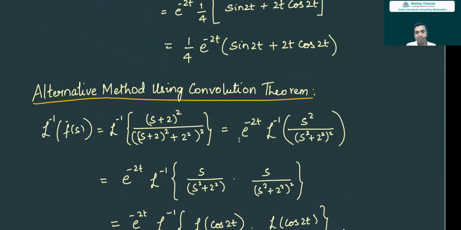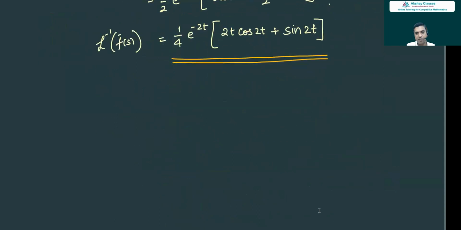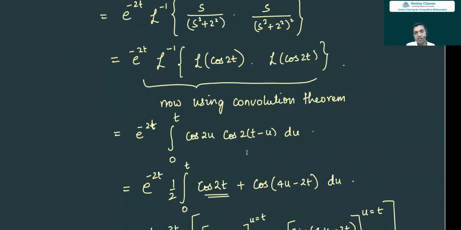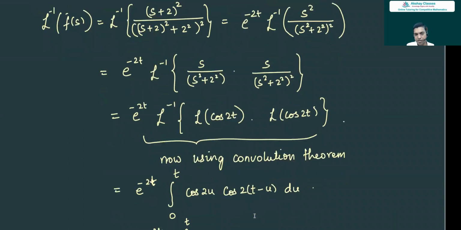So 1 by 4 e power minus 2t sine 2t plus 2t cos 2t. 1 by 4 e power minus 2t, 2t cos 2t plus sine 2t. Exactly the same answer. So what we have done here is we have used convolution theorem and then just did the integration.